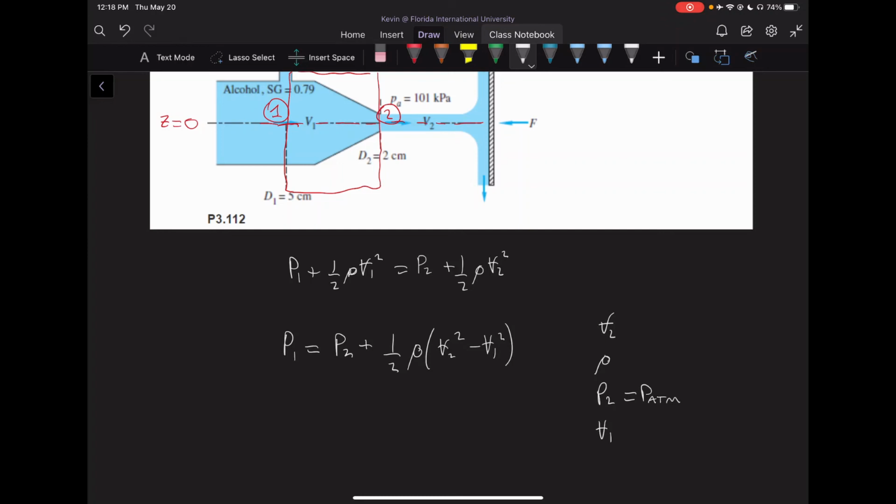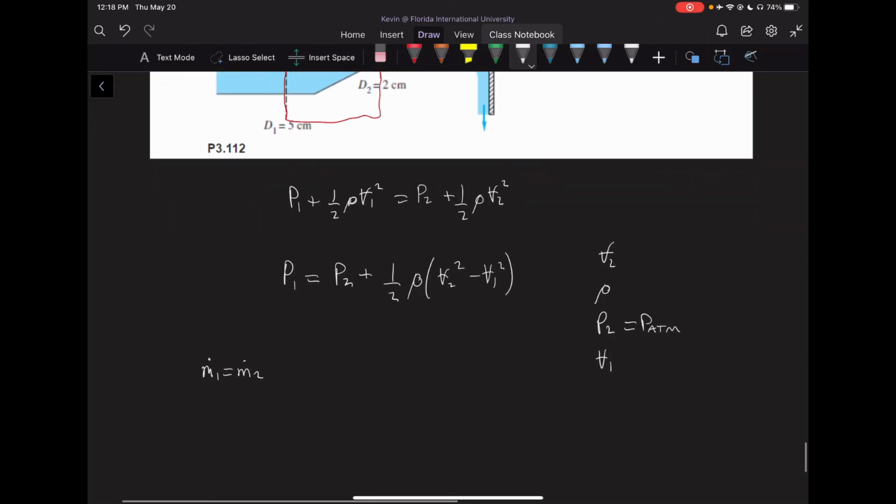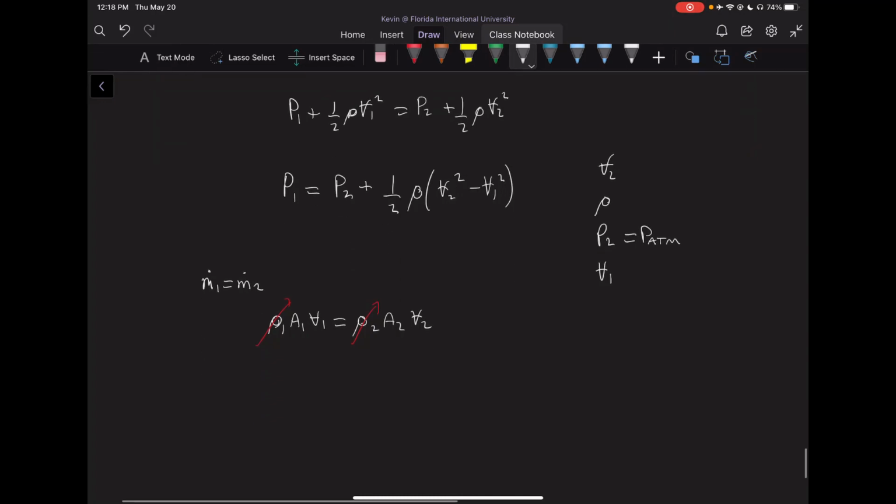So how do we find V1? We can go back to our initial mass balance. We had said that m dot 1 is equal to m dot 2. Now that we have velocity 2, we can find velocity 1. So we had rho 1 A1 V1 is equal to rho 2 A2 V2. The densities are both the same, so we can get rid of the densities. They don't go to 0, but they're the same. We can now say A1 V1 is equal to A2 V2.